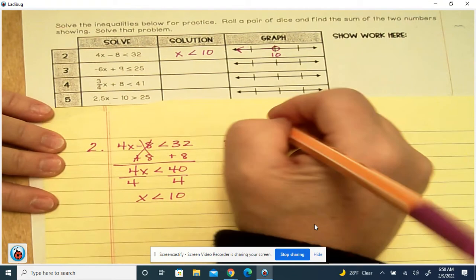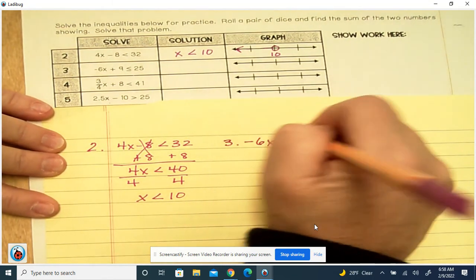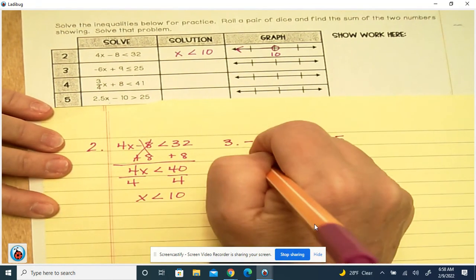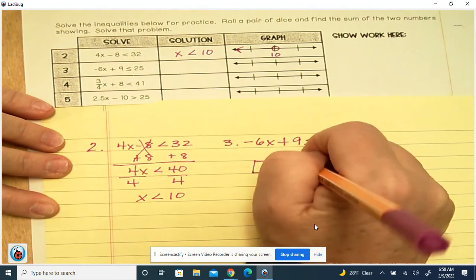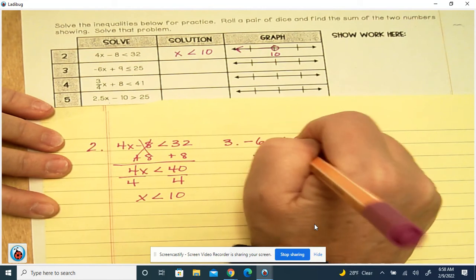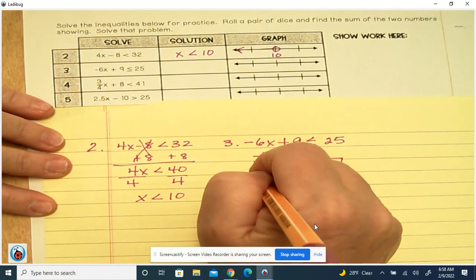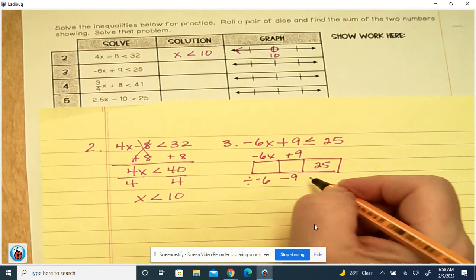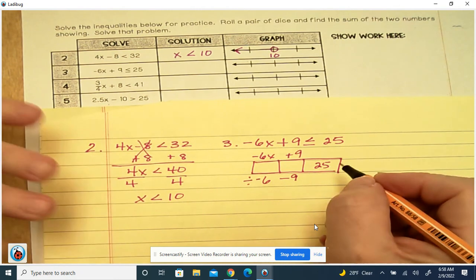Number 3, negative 6x plus 9 is less than or equal to 25. Alternate method for you guys here. I like the box. 25. Negative 6x plus 9. It's going to be minus 9. And then divide by negative 6. 25 minus 9 is 16.